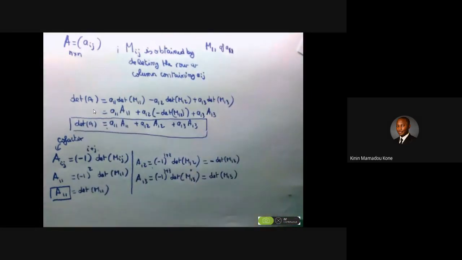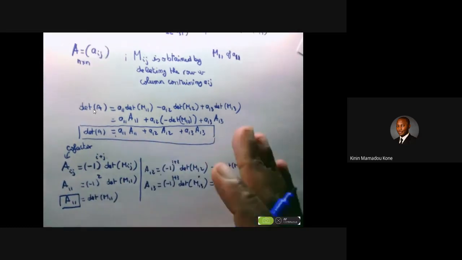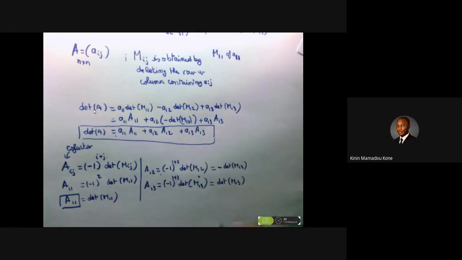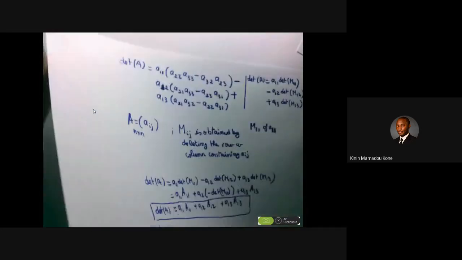So for a given matrix A, we can write the determinant of the matrix as a sum of cofactor expressions. We can generalize even further. We have three entries here, but we can use that principle for a 4 by 4 matrix.